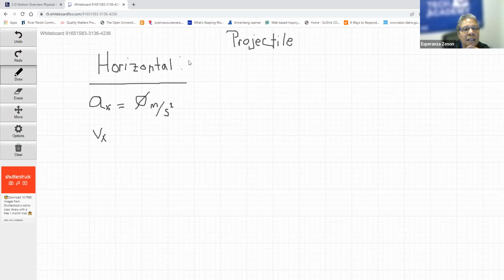We use X for horizontal, okay? So here, that means that Vx is constant. And we can go back and think about our pyramid in terms of this horizontal motion.